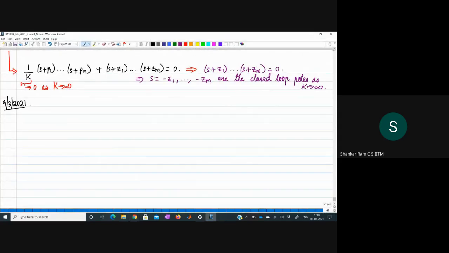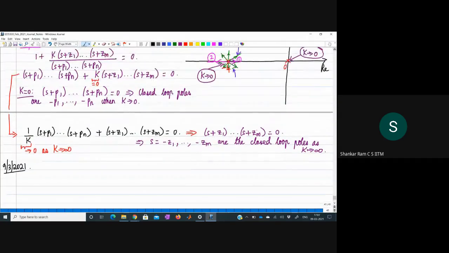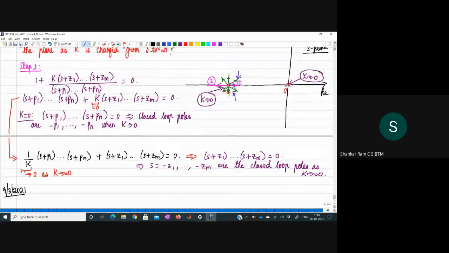Step number 2 has to do with how the root locus will start from a non-repeating open loop pole on the real axis. As we discussed yesterday, let's say we consider the open loop pole at -4. The root locus branch from -4 can start along any direction, right?